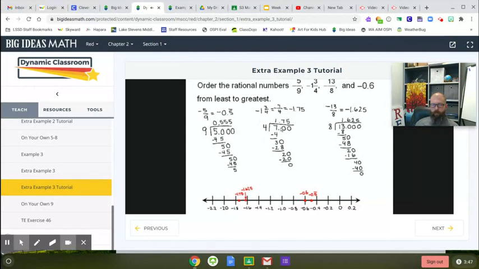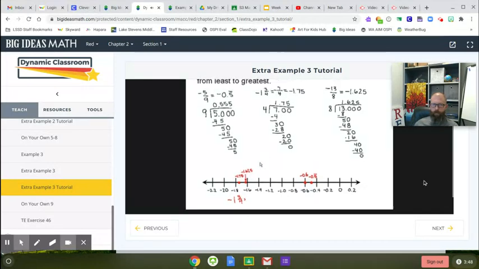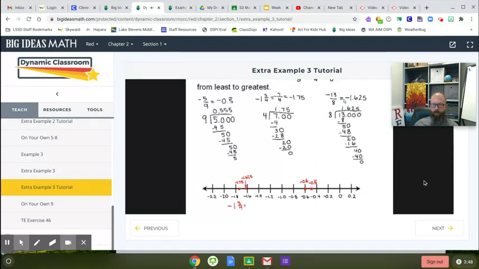Then the next number to the right is negative 1 and 625 thousandths, which originally was negative 13/8. Then we look for the next number to the right, which is negative 6 tenths.